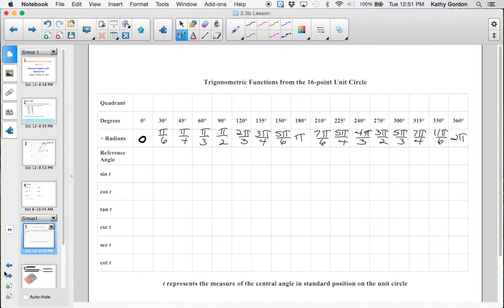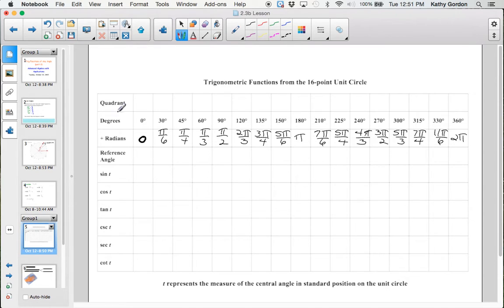Now, which of those is not in a quadrant? 0. 90, pi over 2. 360, 2 pi. 180, pi. And 270, 3 pi over 2. So on those that are not in a particular quadrant, up here in the quadrant row, we want to label them by what axis they're on.